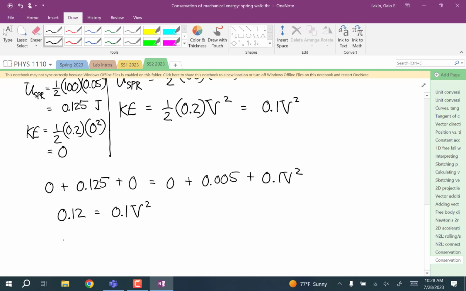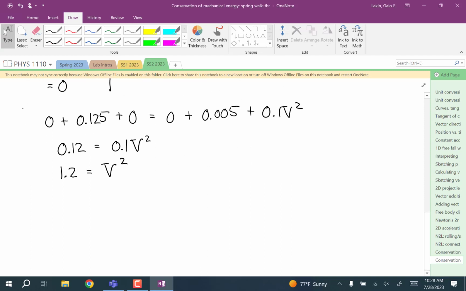Multiply both sides by 10, and we get 1.2 is equal to V squared. Take the square root of both sides, and you get V is plus or minus 1.10 meters per second.